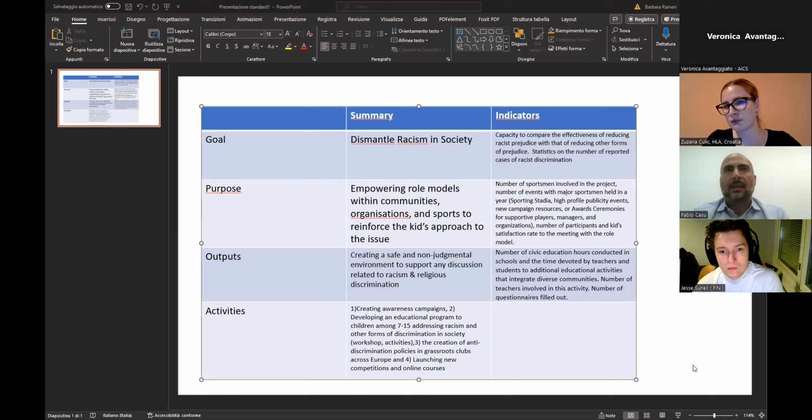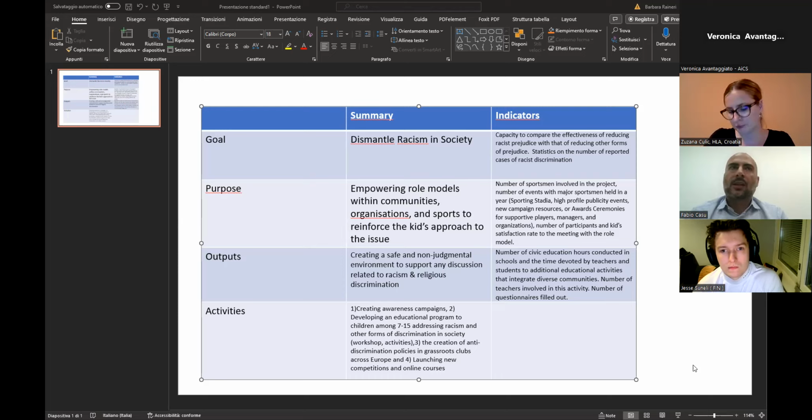The final aim is to make clear to the guys participating in the event that they are part of a community, because when they grow up, they will remember this, and they will understand that they are part of a much bigger community. And if you are part of a community, there's no room for racism or discrimination or whatever.